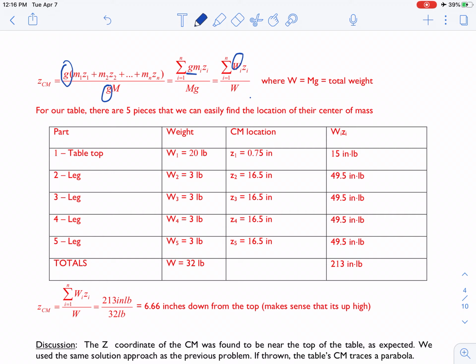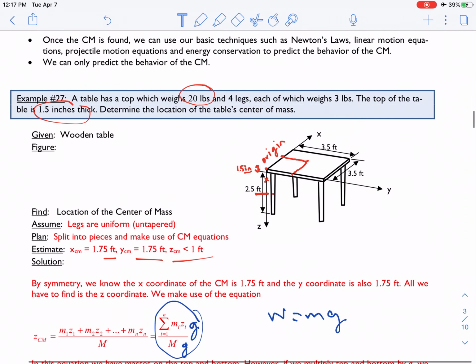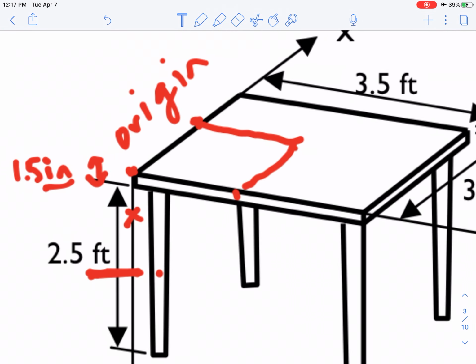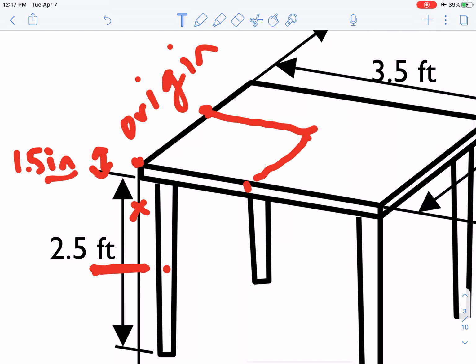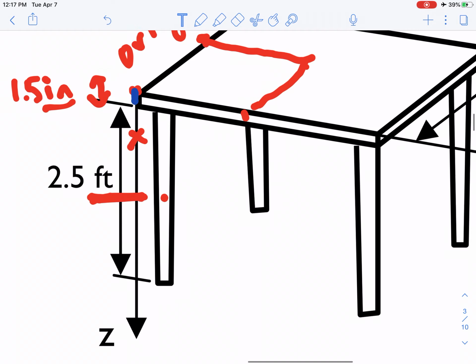And the center of mass location, so you're going to figure these out. The tabletop is going to be right in the center, so let's focus on this again. You're thinking in terms of Z, and this is Z, and that is 1.5 inches. Half of that is where the geometric center is, right, along the Z direction. So try to isolate everything else. Just focus on the Z direction. Z is going down the plane, as we showed it here.